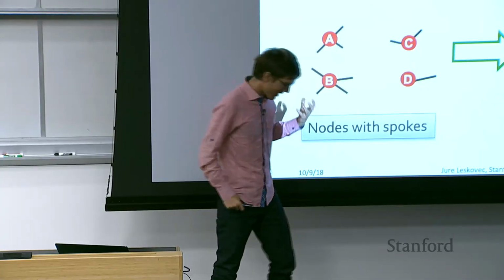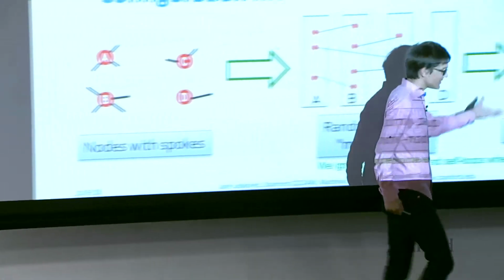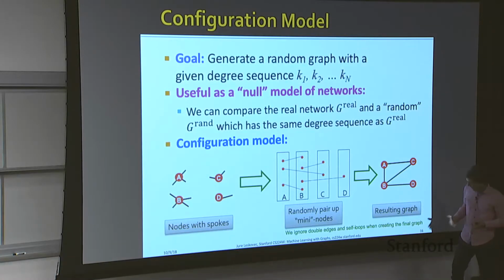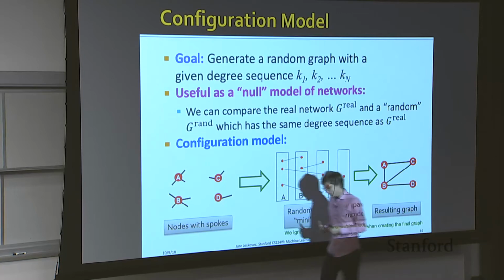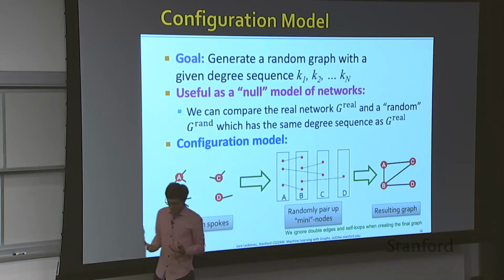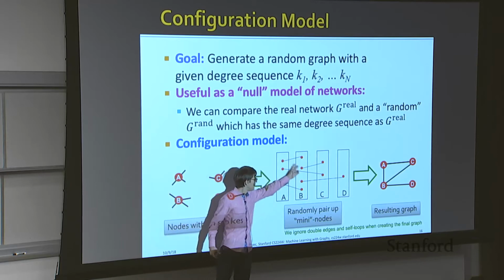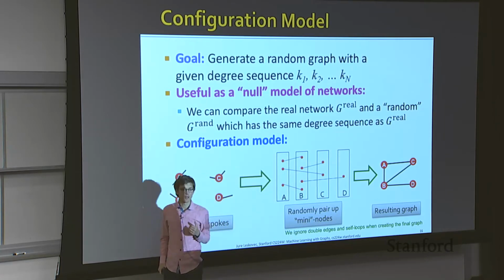So yes, this is a problem, and this type of graph generation ignores that problem. But what has been shown both empirically and mathematically is that these types of bad events are exponentially rare.